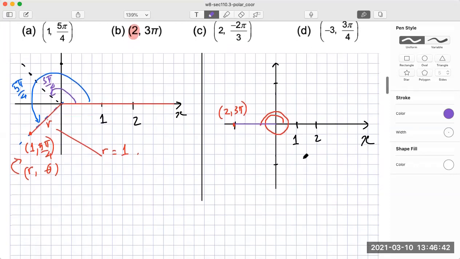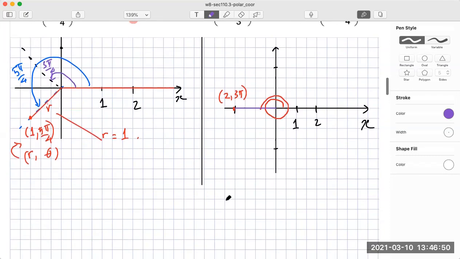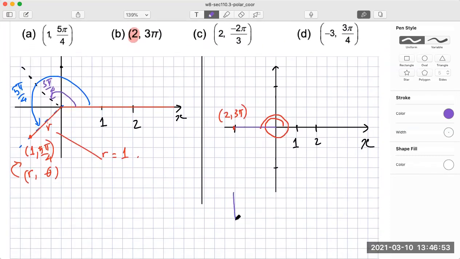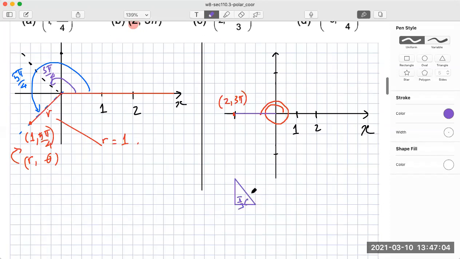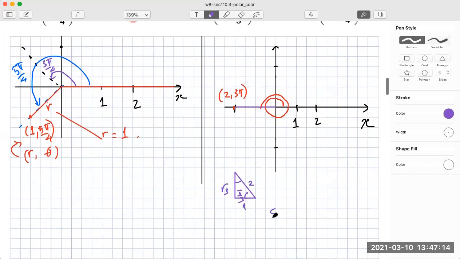Okay, 2 pi over 3. So remember, in order to find the correct point on the coordinate, there is a trick. Pi over 3 here, right? 1, 2, square root of 3. What is cosine of pi over 3?